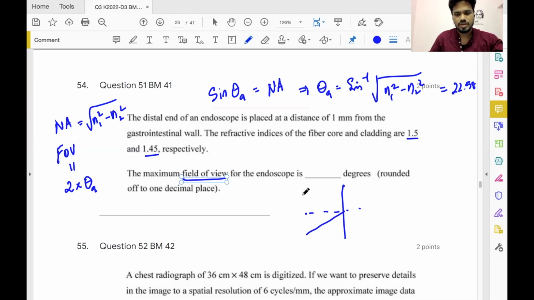So things within this field of view will be recorded. And notice, just in case they want the field of view in length, you should be looking at this one. Right now, field of view is in degrees, so we gave this angle. Sometimes they might want field of view in length. Then you should be finding this distance.